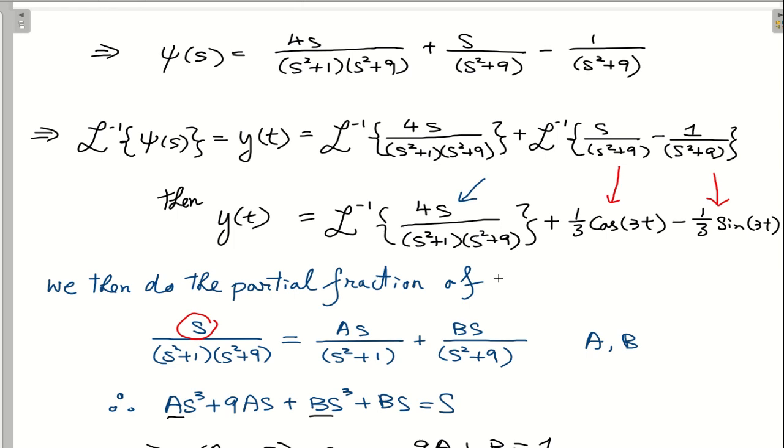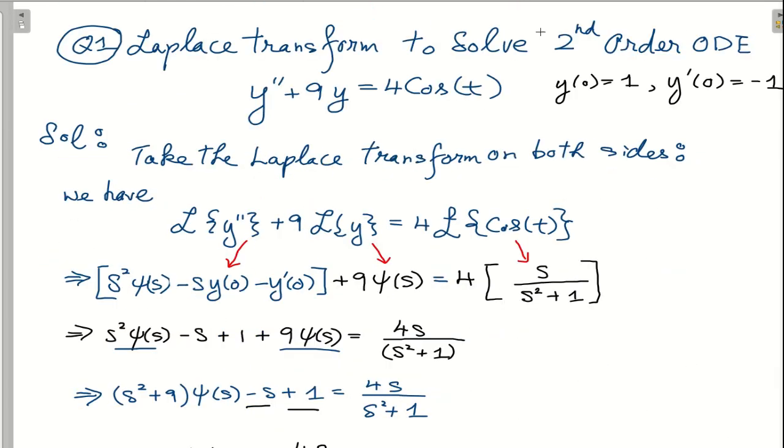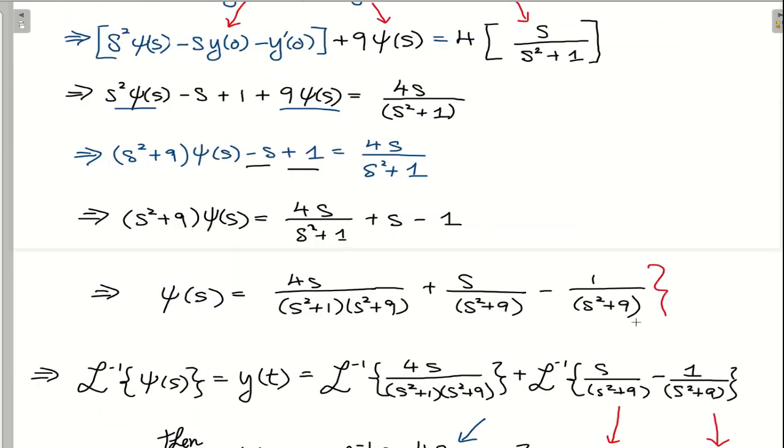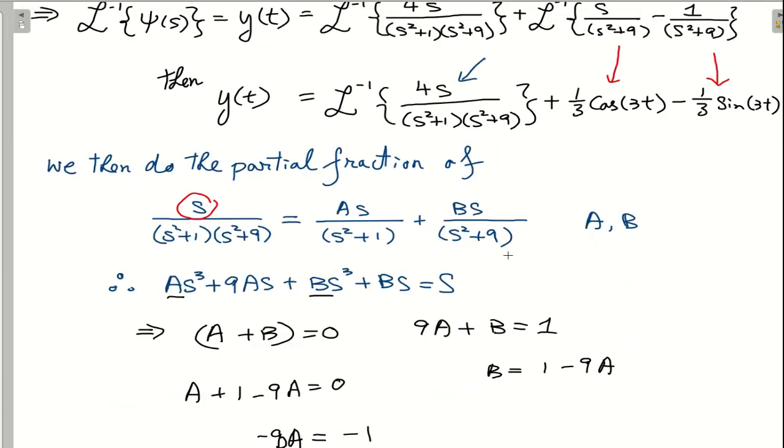So let me revise all the steps we have done. We are using Laplace transform to solve the second order differential equation, y double dash plus 9y equal to 4 cosine t, y(0) equal to 1 and y dash (0) equal to minus 1. We take the Laplace transform on both sides, we got this. And then we take the inverse Laplace transform on both sides, we have this.